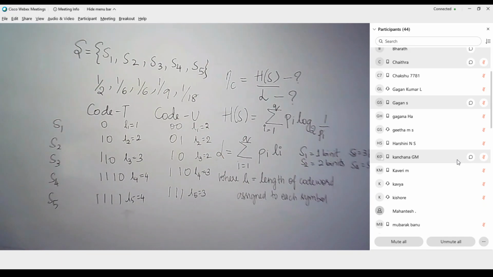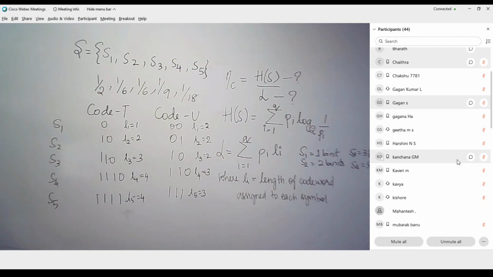So you get around 2.7 as the percentage of redundancy. You can see that the code efficiency is very large and the redundancy is effectively reduced whenever we make use of an instantaneous code.